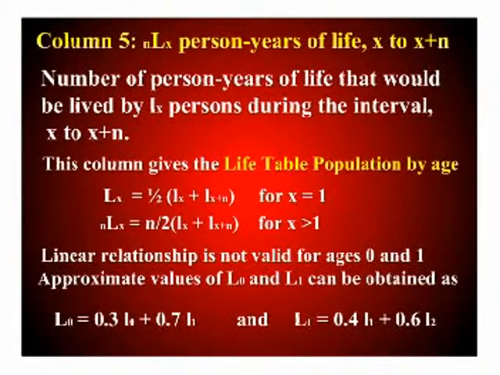For the rest of the ages, half of the population in the successive ages of the lx values. That is, for example, for age 10, nLx equal to n by 2 into lx+n, and so on.